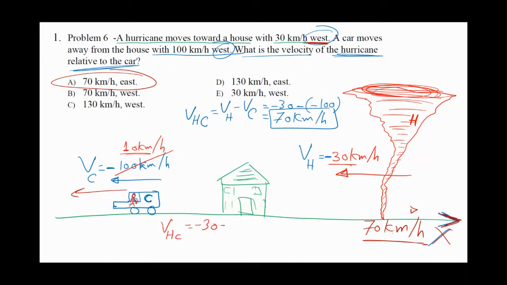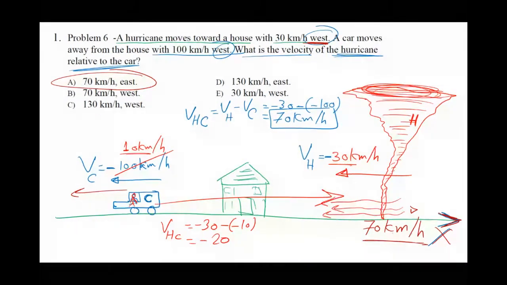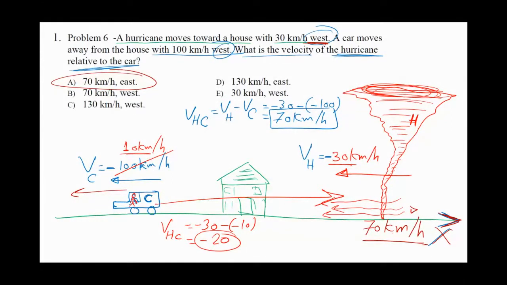So negative 30 minus negative 10 gives you negative 20. What does it mean? When he looks at the hurricane, he will feel that the hurricane is moving slowly toward him at a speed of 20 kilometers per hour. So he will feel that the hurricane approaches him. That's the three cases we need to discuss.